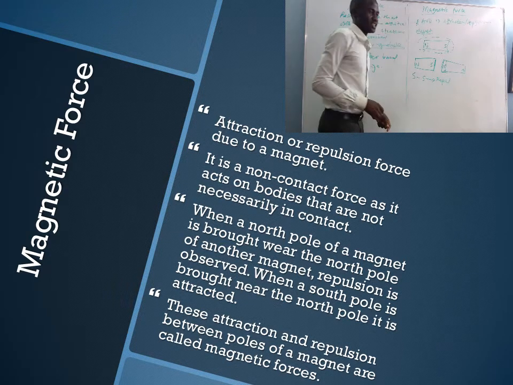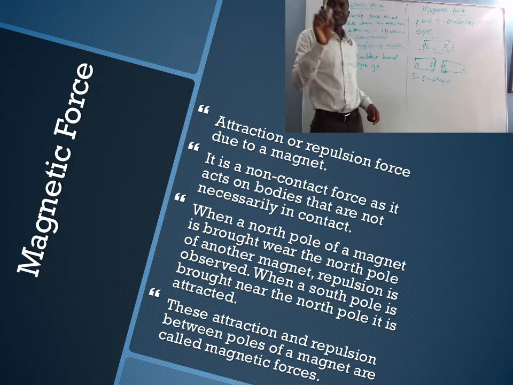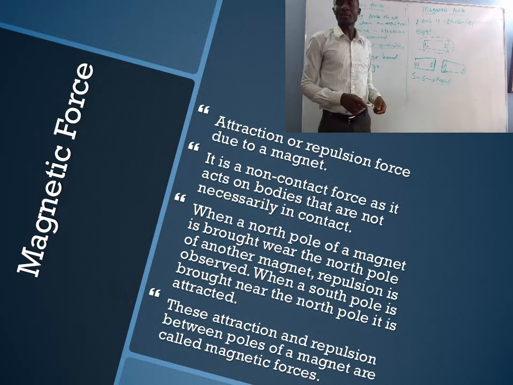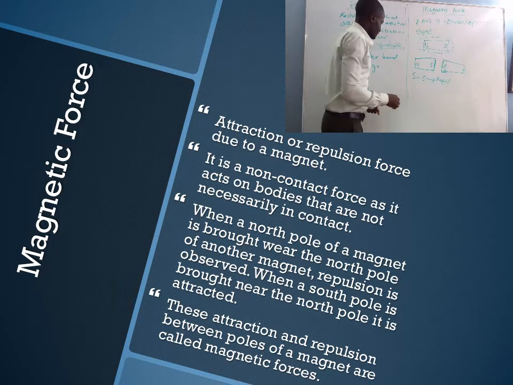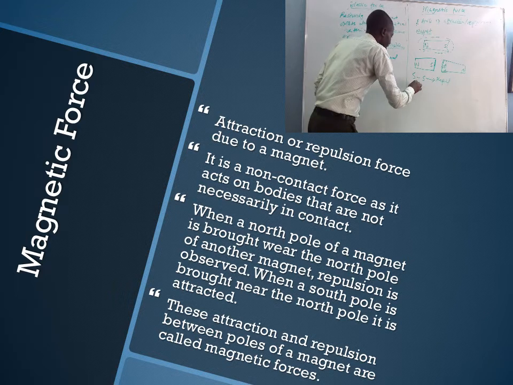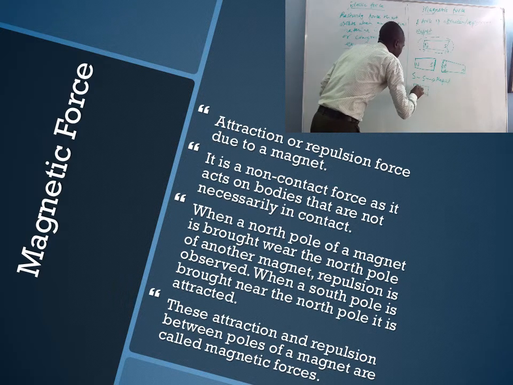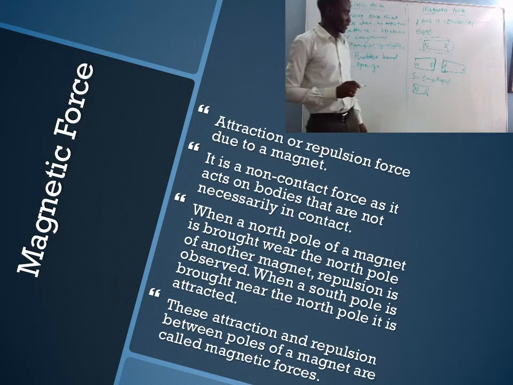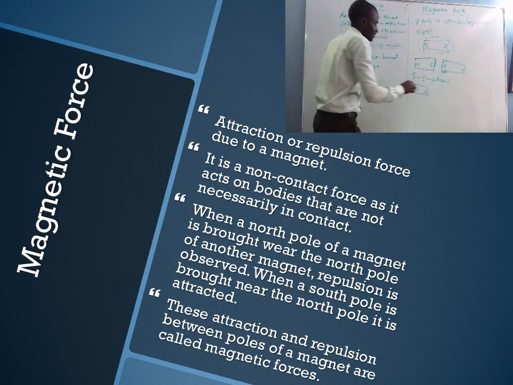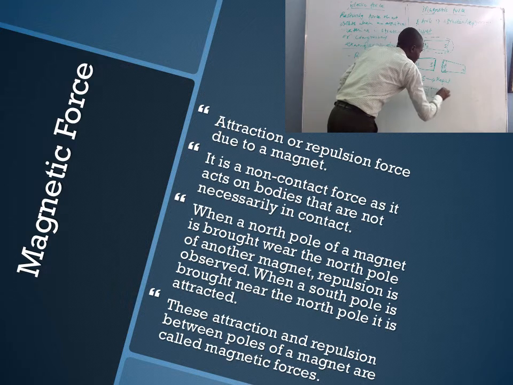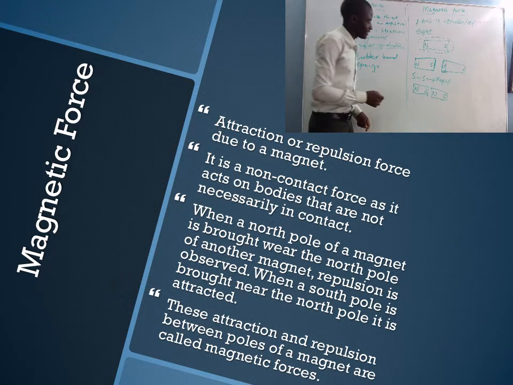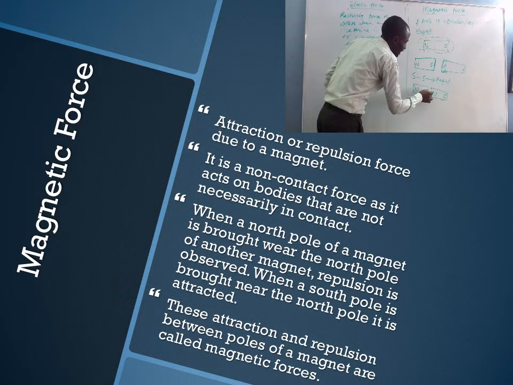There will be repulsion. But what happens when we change the polarity of one of the bar magnets, such that we have a north pole and a south pole, while for the second one we change the polarity so that it becomes a north pole and a south pole? Then there will be attraction.